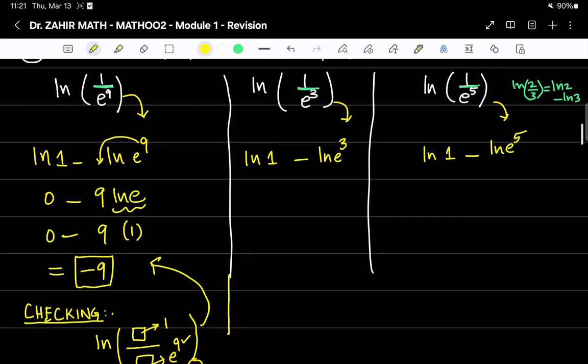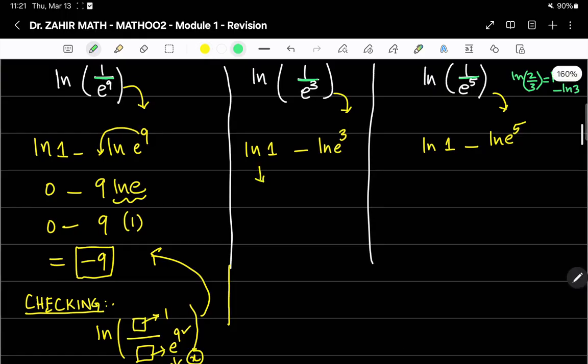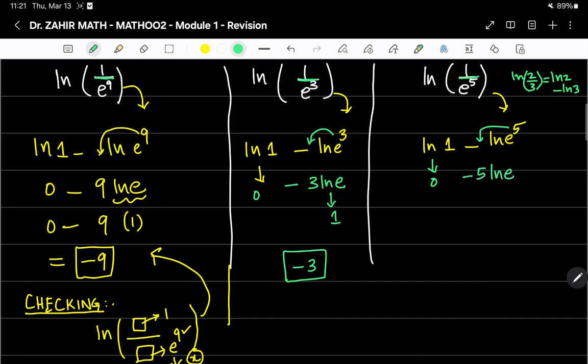ln 1 is 0 minus this 3 comes down, 3 ln e. ln e is 1, so your answer is going to become minus 3. Now ln 1 is 0 and this 5 comes, so minus 5 ln e, and ln e is 1, so your answer is minus 5.